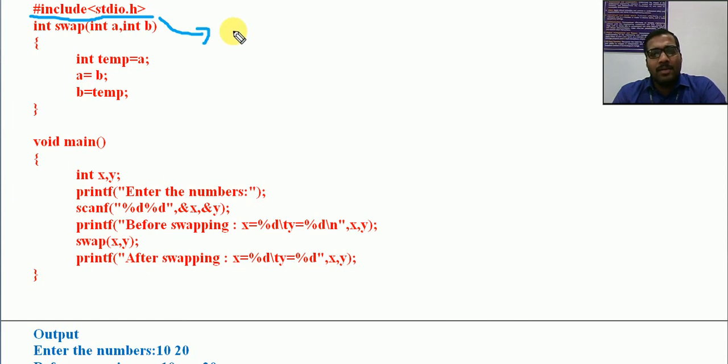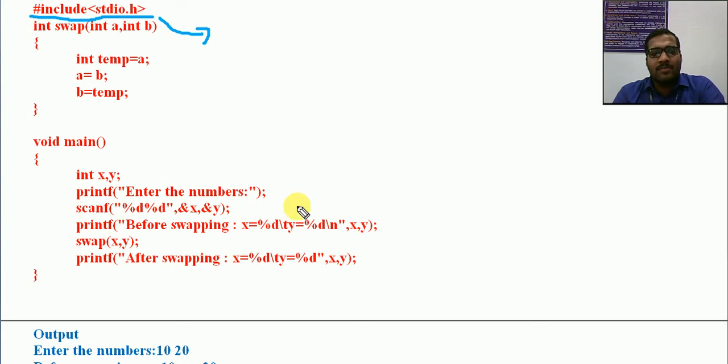But many compilers are not always insisting you to use this function declaration. Some of the C compilers, there are various versions of C, are asking you to compulsorily enter the function declaration, and many other compilers are not insisting on it.